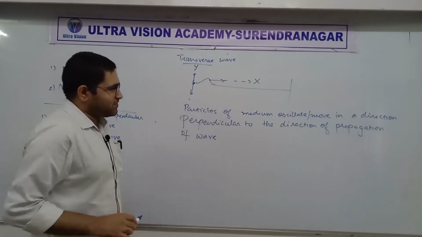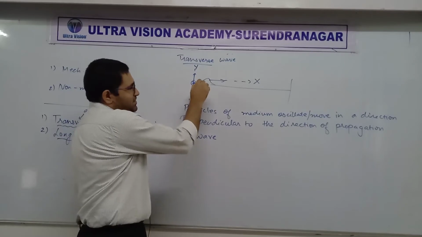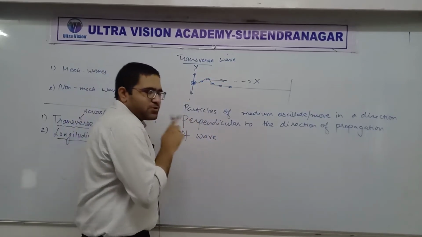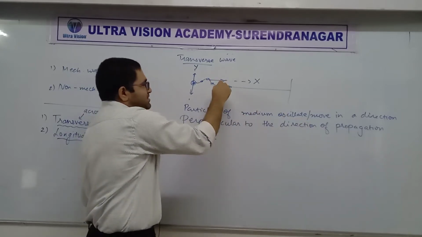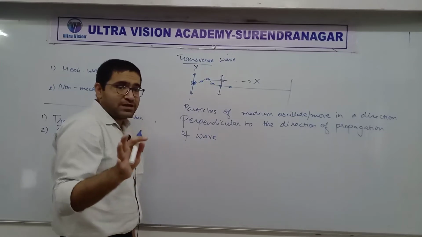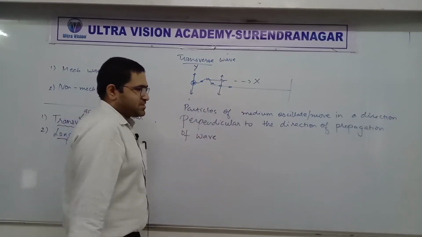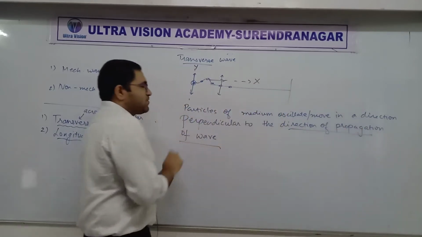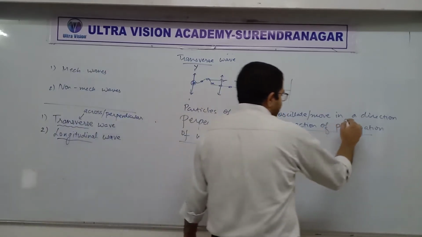Listen to this very carefully. Think of a particle here, here, anywhere. How is it going to move? It's not going to move horizontally. When the wave comes over there, this particle will go up and then it will go down. Correct? That's what we were talking about yesterday. And the direction of propagation of wave: propagation means traveling.